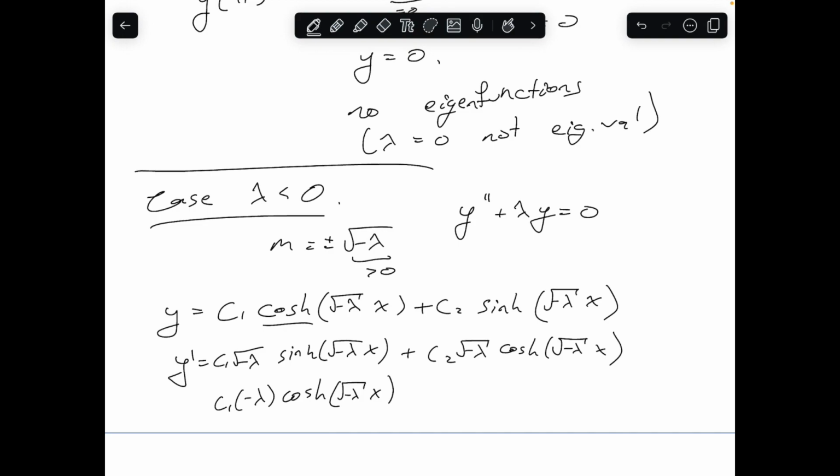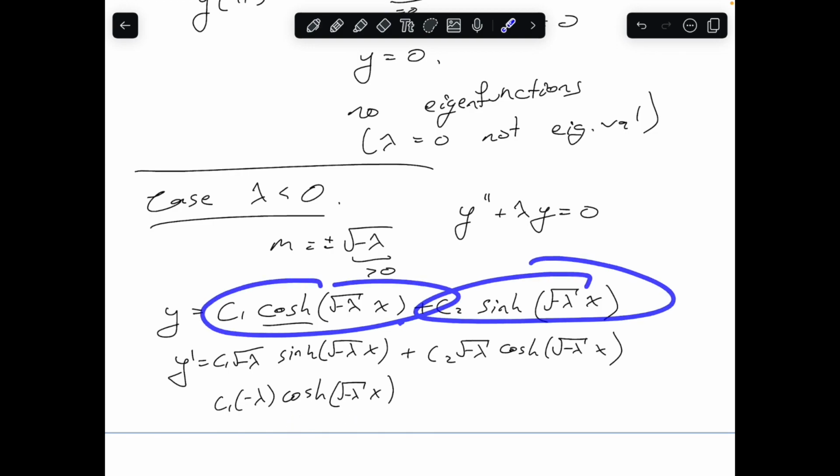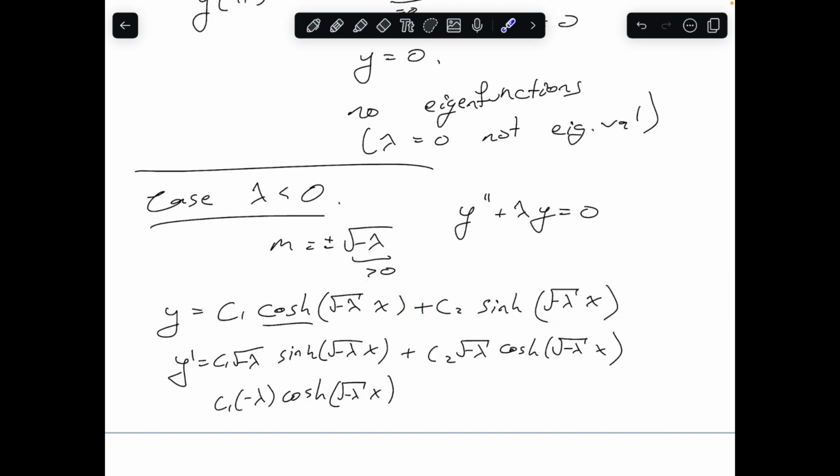basically what I'm trying to say here is that if you plug this guy into the differential equation, the second derivative would be negative lambda times this guy.